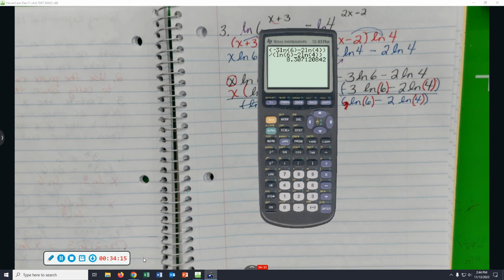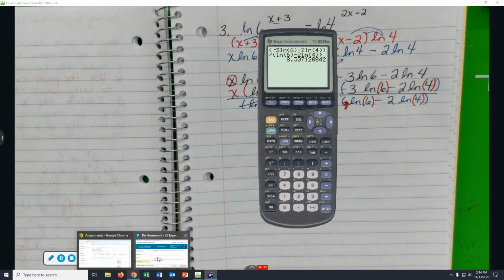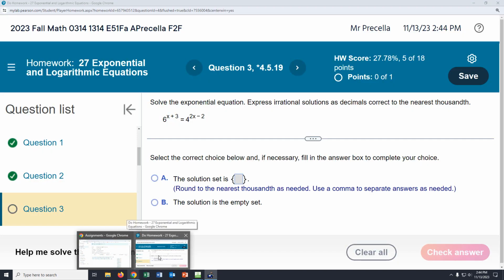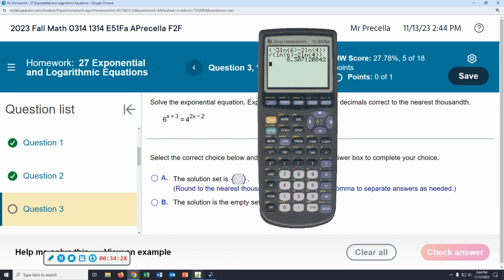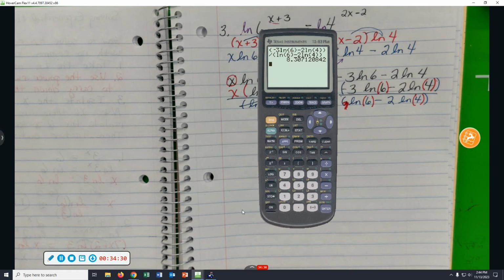Oh, and are we rounding to 3 or 4 decimal places? What does it say? It doesn't say 3 or 4. It says round to the nearest thousandth. Well, what does that mean? Remember your place value. The first digit after the decimal point is a tenth, then a hundredth, thousandth.